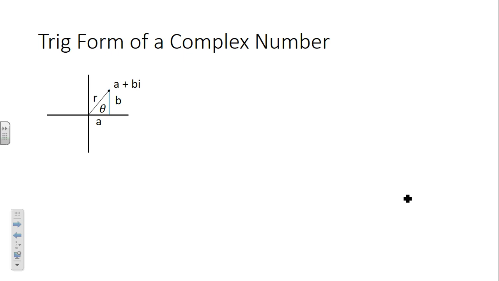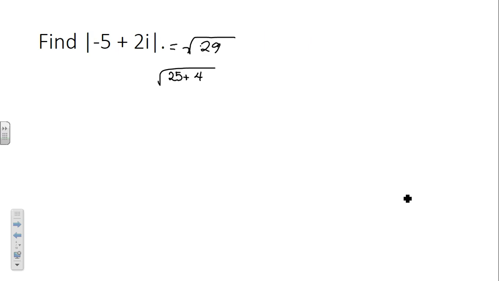By the way, did that remind you of anything? The absolute value of a complex number? R, right? Back when we were talking about our unit circle, if it wasn't a unit circle because its radius was more than 1, we had to find r. What else did we do recently?